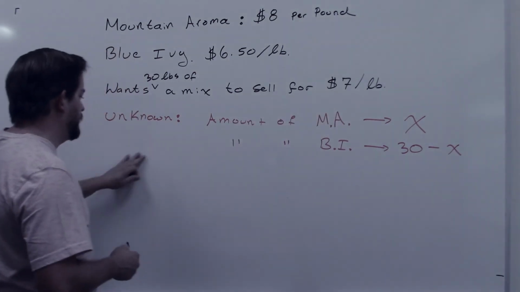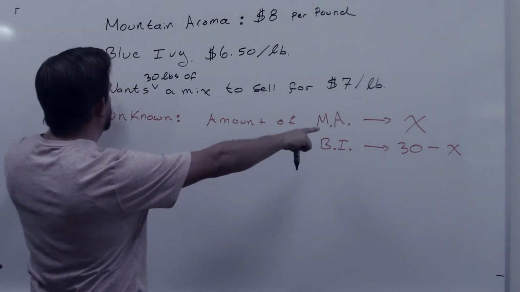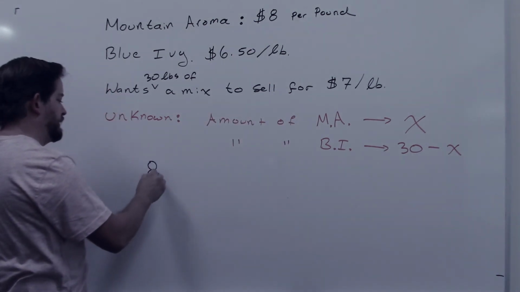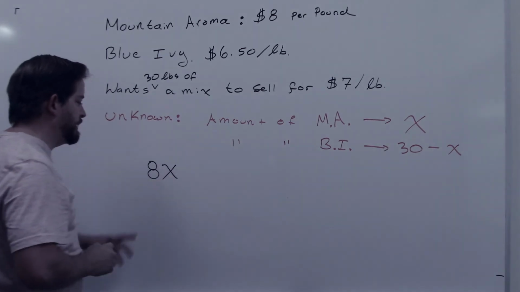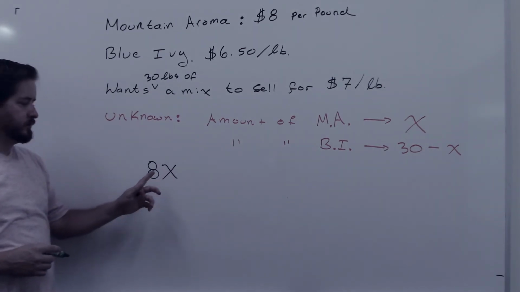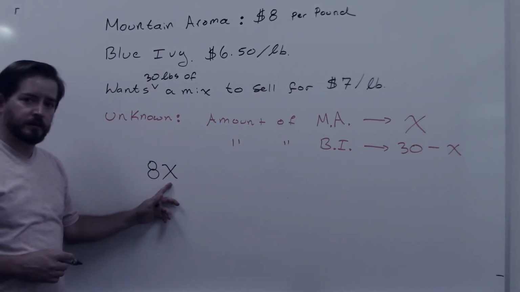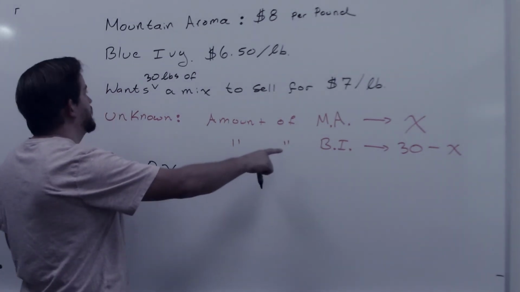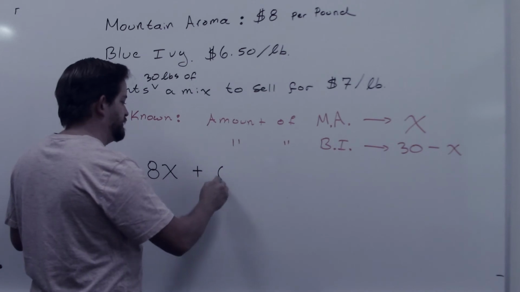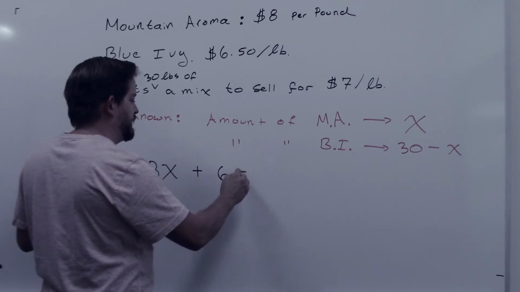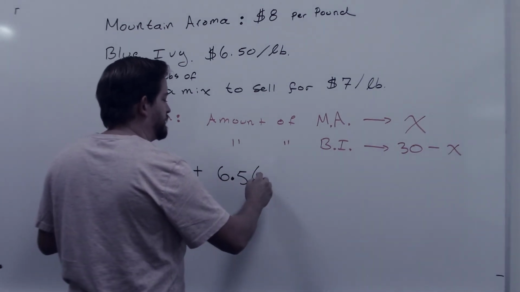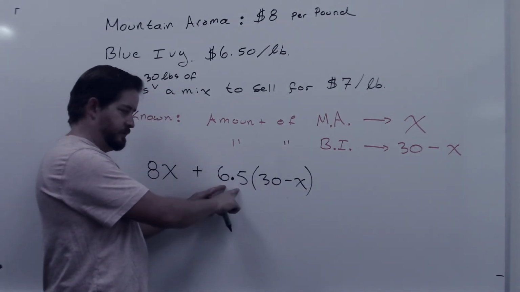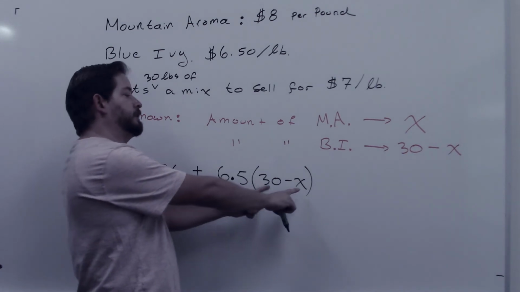So the Mountain Aroma sells for $8 per pound, and so the value of the Mountain Aroma in my mixture is $8 multiplied by the number of pounds that I've put in. And similarly, the Blue Ivy is $6.50, so 6.5, multiplied by 30 minus X. Again, that is the cost per pound multiplied by the number of pounds.